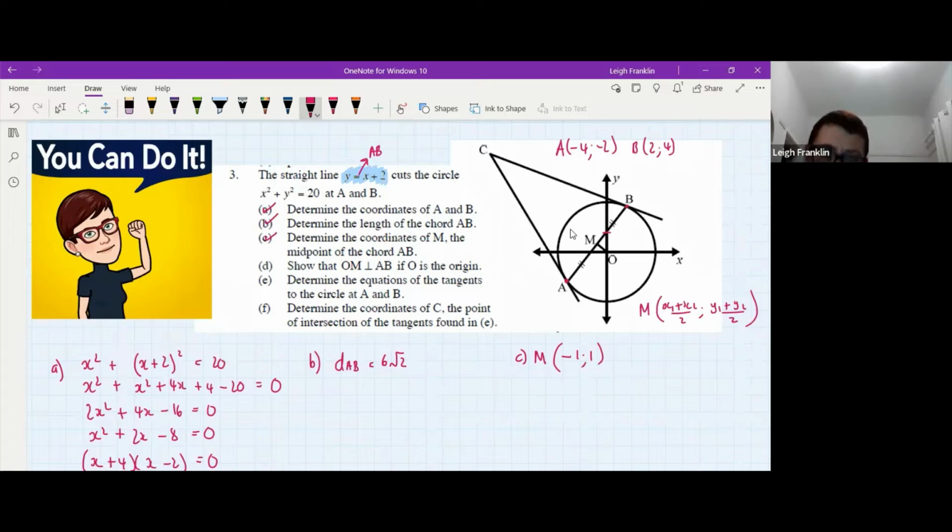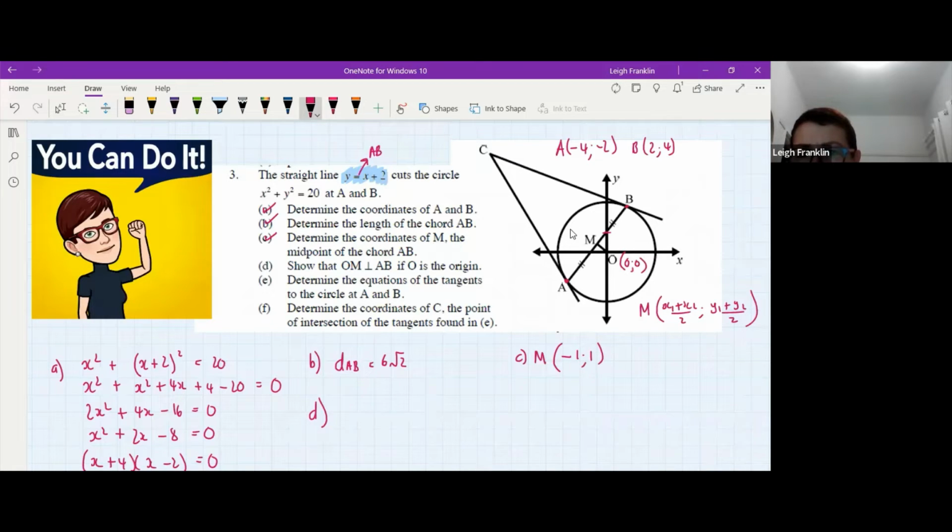All right, now question number D. I want to do this with you because this is a question that comes up a lot, and the way that you set it out is really, really important. Okay, so that's why I want to work through this question with you. They've asked us to show that OM is perpendicular to AB if O is the origin. So if O is the origin, it means it has the coordinates 0 and 0.